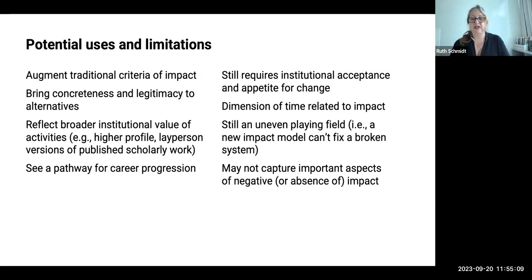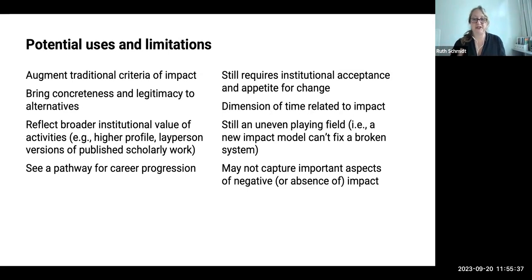In this case in particular, one of the things that we've heard, which we're thinking about how to address, is that the sense of evolving over time is a very important aspect of impact as well. How does one build a career, or recognizing that careers are built differently? And also the recognition that systems are uneven. It's one thing to say, here's different impact, but it wasn't intended to address that there is an uneven playing field underlying it.